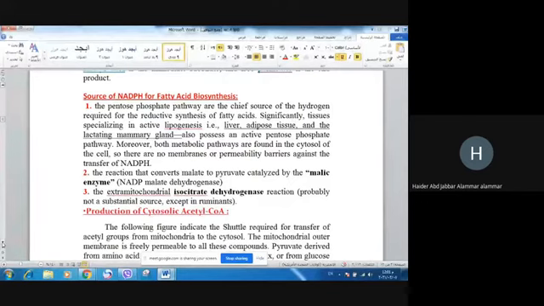Of course, in carbohydrate metabolism, as you know, glycolysis, gluconeogenesis, glycogenolysis, and glycogenesis, there is what is called the pentose phosphate pathway. This pathway occurs in the cytoplasm, and fatty acid biosynthesis occurs in the cytoplasm.